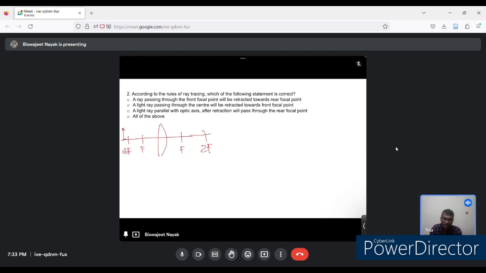If the ray passes parallel to the optical axis, then it will pass through f. If it goes directly through the center, it will pass undeviated. And if the ray passes through the focal point, then it will pass parallel to the optical axis. Sorry, I made a mistake.